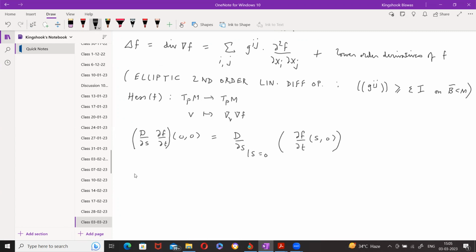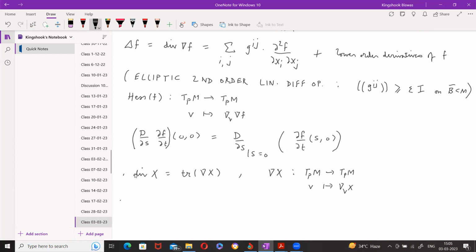Let me just recap. The divergence of x is equal to the trace of nabla x, where nabla x goes from TpM to TpM, v goes to nabla_v x.